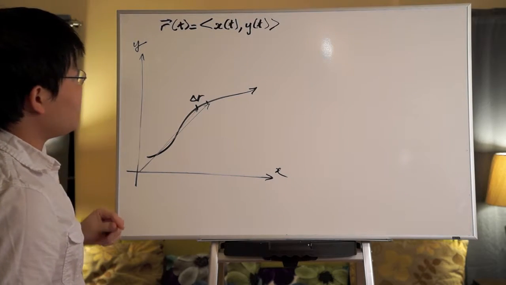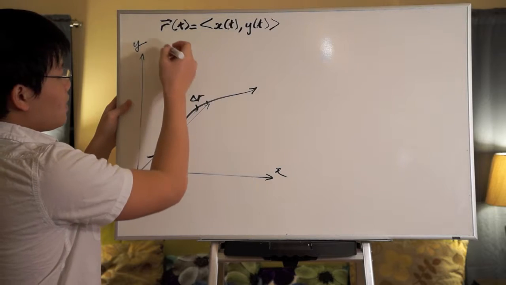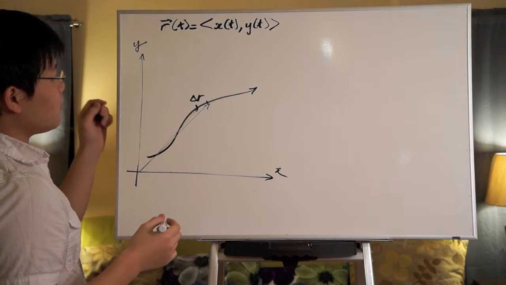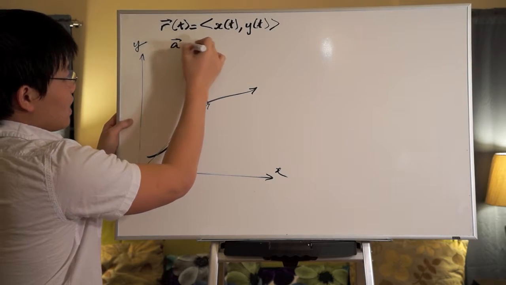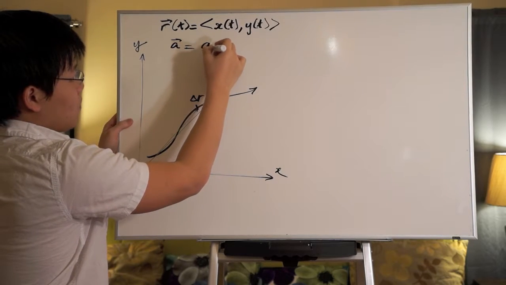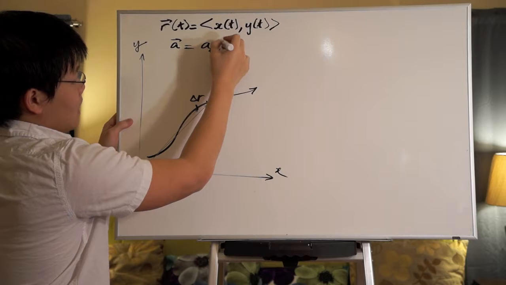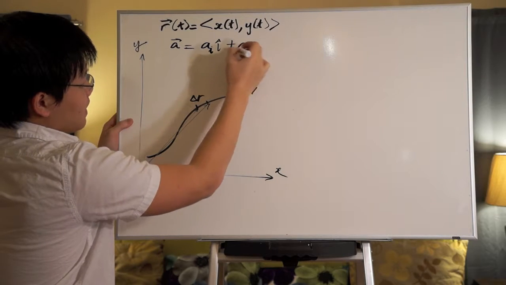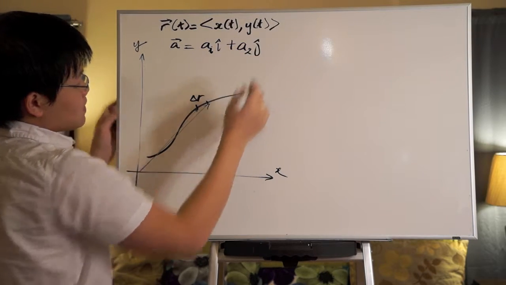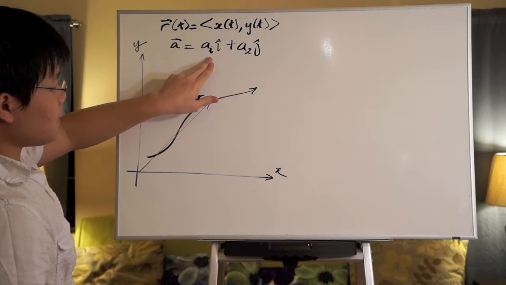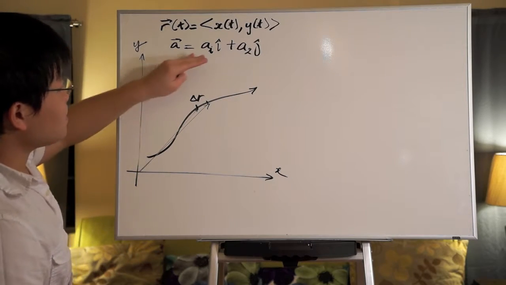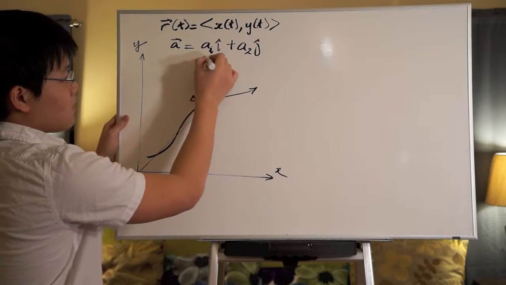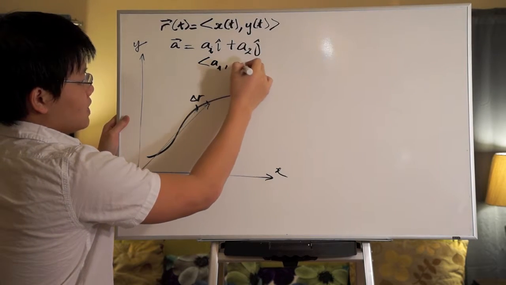Maybe a lot of you are not familiar with this notation. You can think of it as any vector a having a component a1 i plus a2 j. So this describes the horizontal component, and this describes the vertical component. And same here, instead of writing it like this, you can go ahead and write a1 and a2.